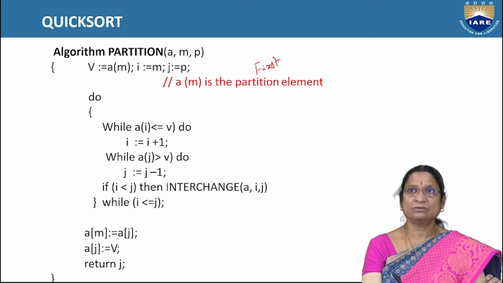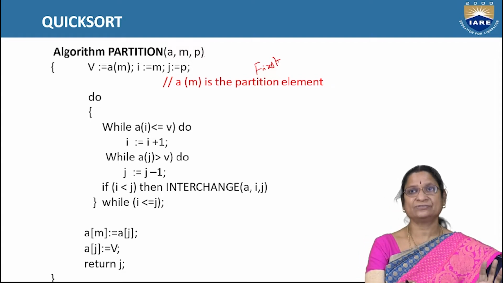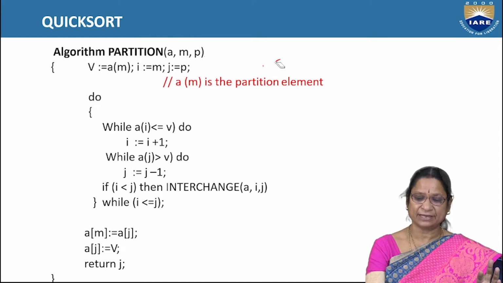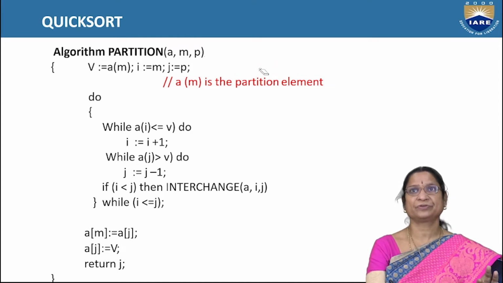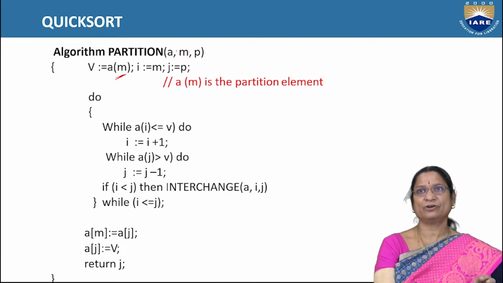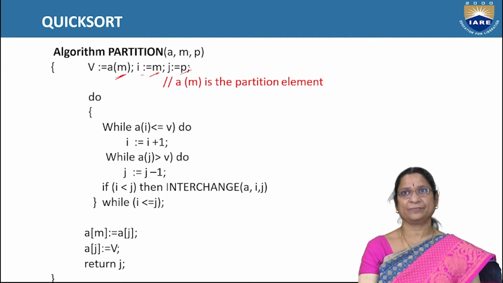We'll discuss further which element can be considered as the pivot, but in this algorithm the first element of the array is always going to be the pivot element. So V is equal to A of M. I is the lower bound, M, and J is the upper bound, P.